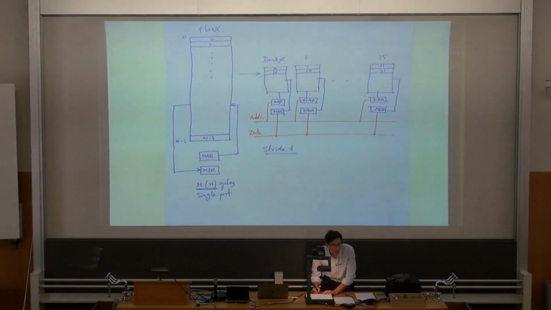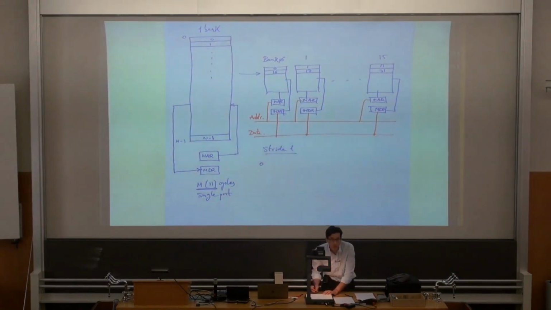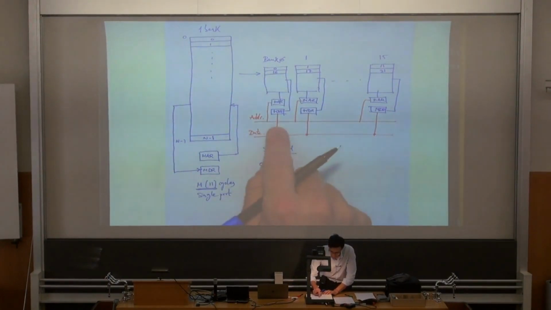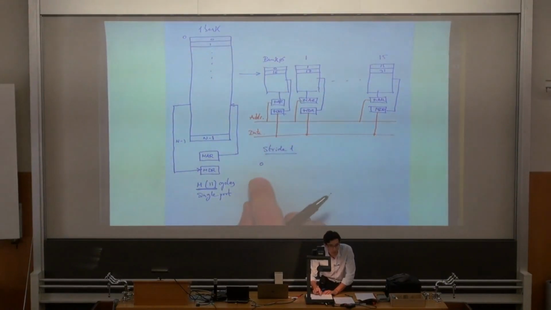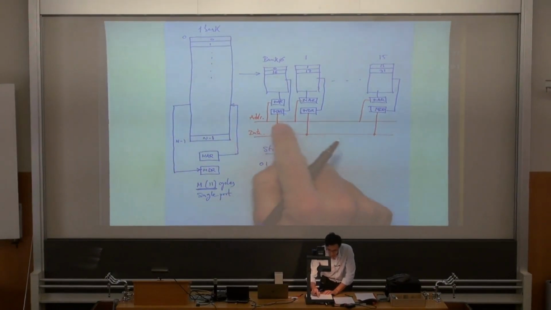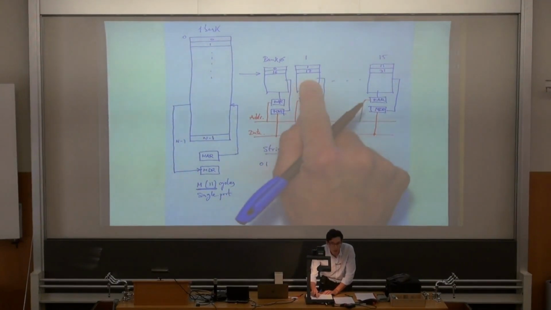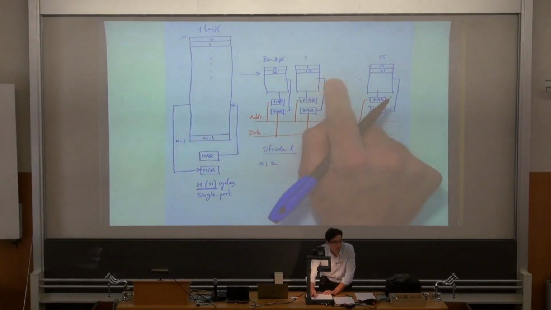In the first cycle, cycle 0, we will issue the first load. If we are accessing element 0, we will issue this load to bank 0. Right after that, in cycle 1, we can issue the load to bank 1, and in cycle 2, we can do the same for bank 2.